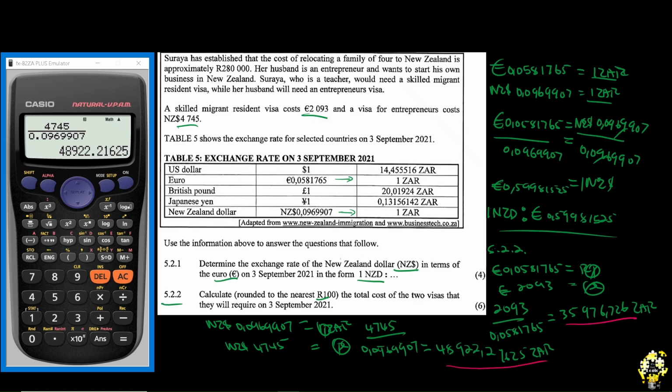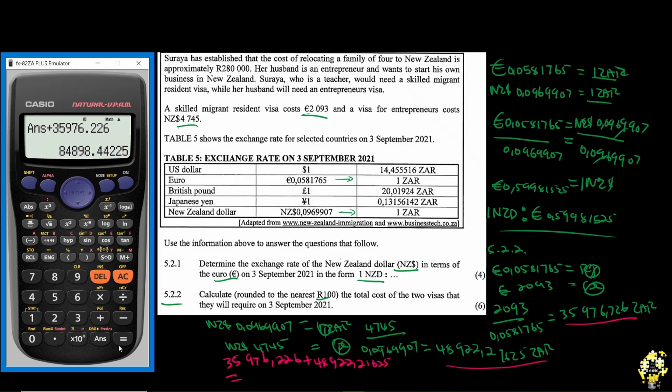Right here, we can simply say that 35,976.226 plus 48,922.21625. Because we already have a number on our calculator, let's just say plus 35,976.226.